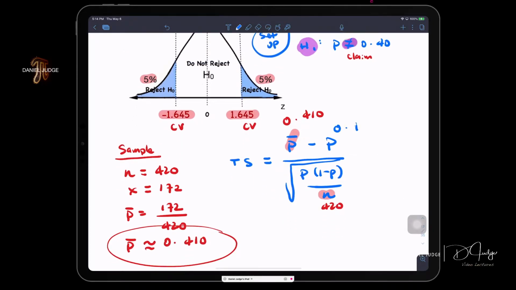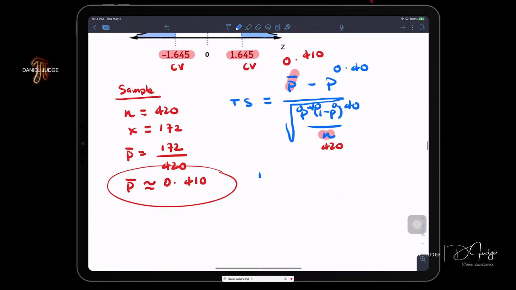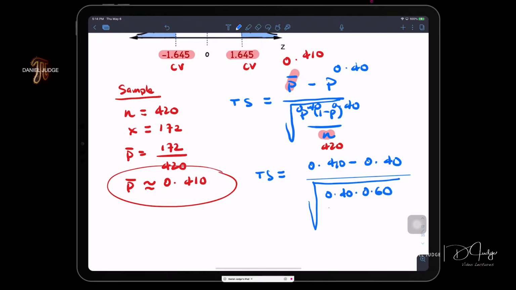So I'll replace that with 40%, and 1 minus 40%. This is where 40% goes. I always rewrite this because, as you can see, if you don't, it gets hard to see what's actually there and what isn't. Here's 40%, and I know the complement of 40% is 60%, so I'll write it down.